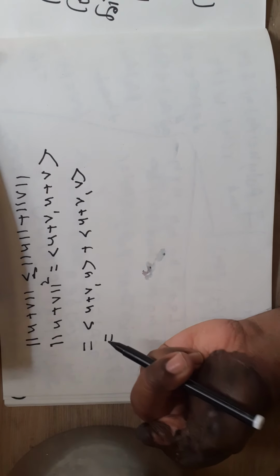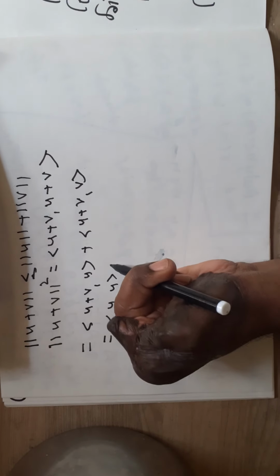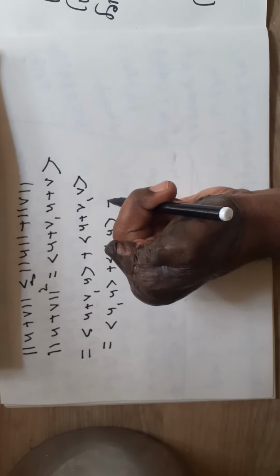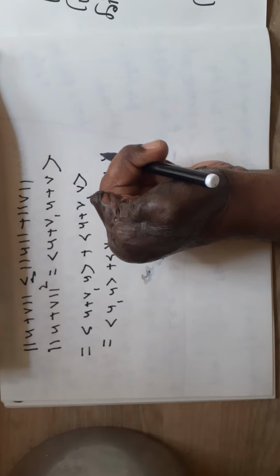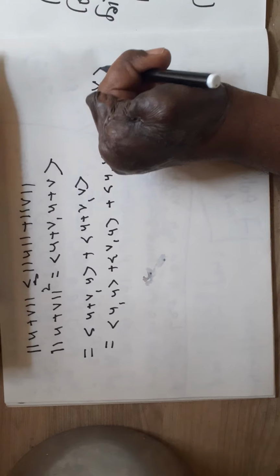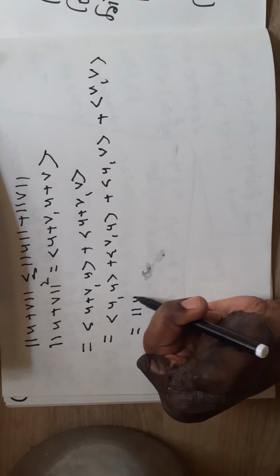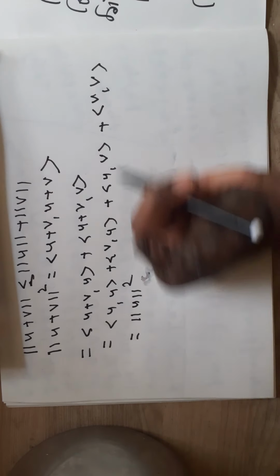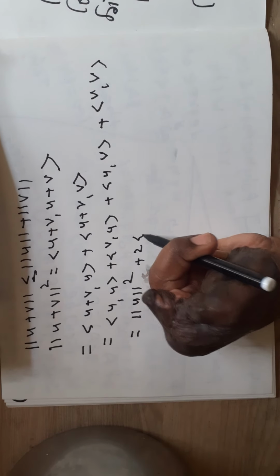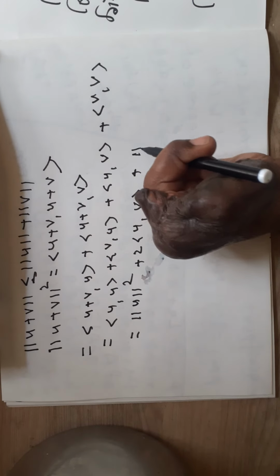Once more using additivity, this is equal to angle bracket u comma u plus angle bracket v comma u plus angle bracket u comma v plus angle bracket v comma v. Now angle bracket u comma u by definition is equal to norm of u squared. Angle bracket v comma u is equal to angle bracket u comma v, therefore this is equal to 2 angle bracket u comma v, and angle bracket v comma v is equal to norm of v squared.